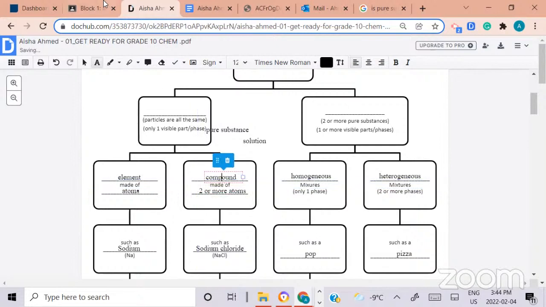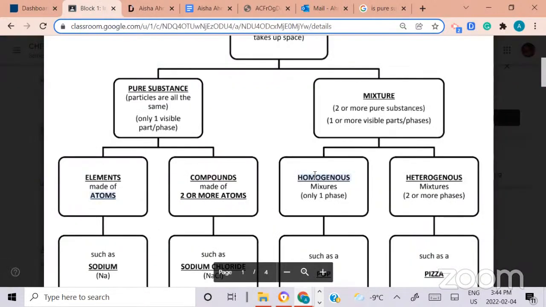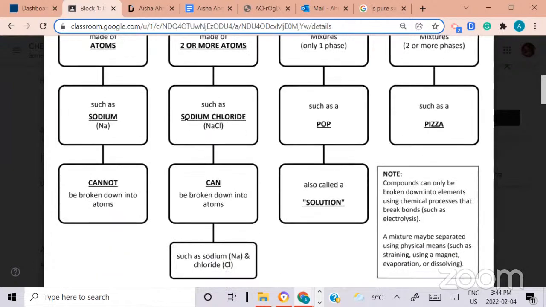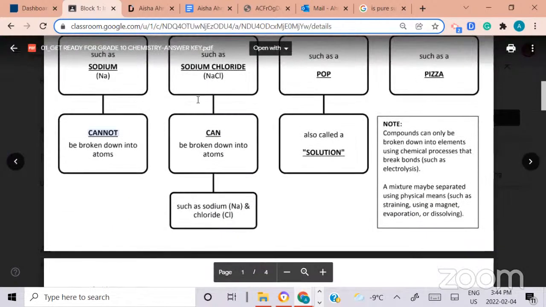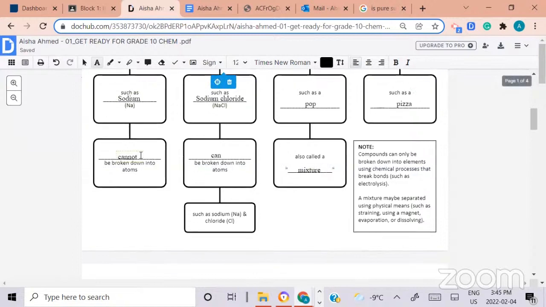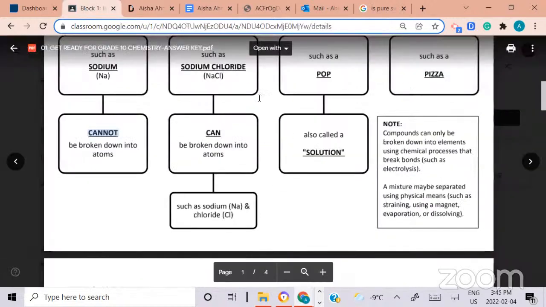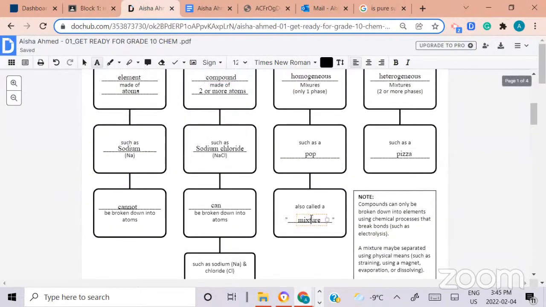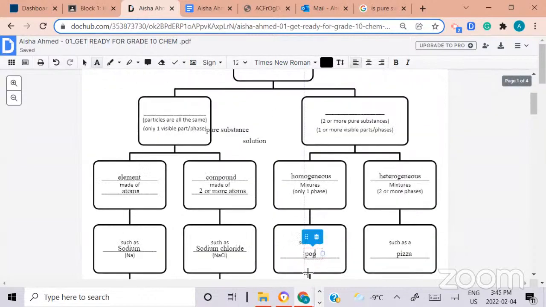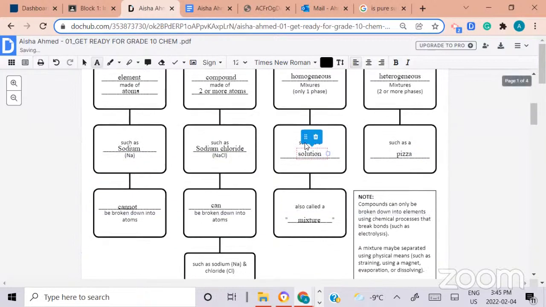I feel like that's what we had before, but then we changed it because we didn't know what else to put. Such as sodium. We got those right. Cannot and can. And solution. We have mixture here. I knew that was wrong, but I didn't know what else to put because we messed up the homogeneous and heterogeneous. I put it one thing ahead, and that's how I was confused.